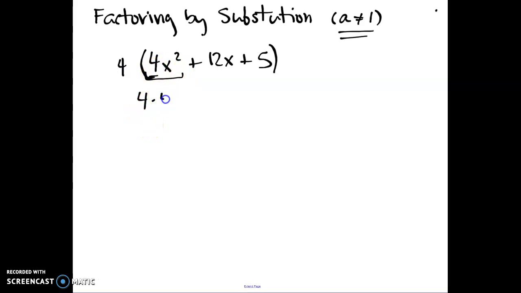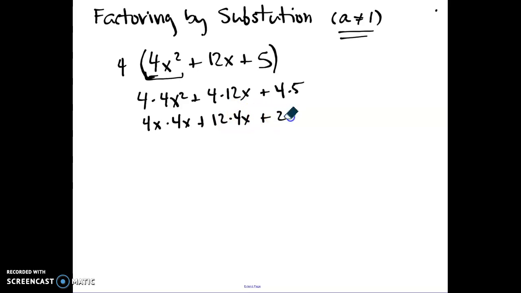And then what I would have is 4 times 4x squared plus 4 times 12x plus 4 times 5. I'm going to rewrite this slightly to show why we're doing that. I can rewrite this as 4x times 4x plus 12 times 4x plus 20. Now you see that there's a term squared, plus a product of that term, and then a constant at the end.